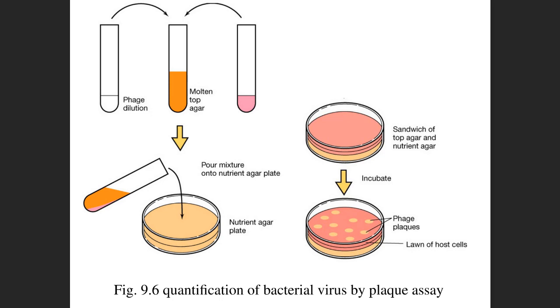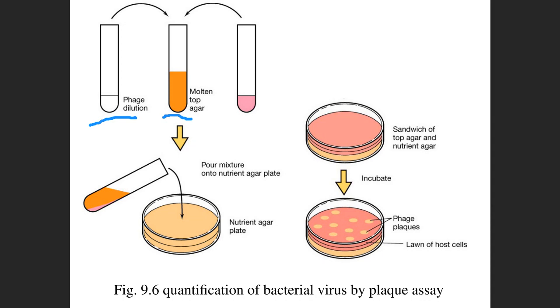So what you do is, this is the phage dilution. You have the phage suspension here, and then you have molten agar. Molten agar, we typically use 0.3%, 0.5%. I'm sorry, this is also called soft agar.